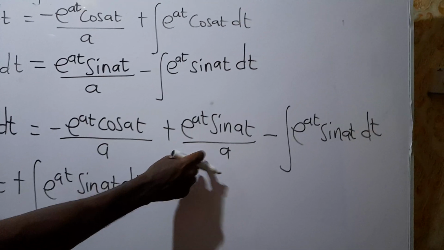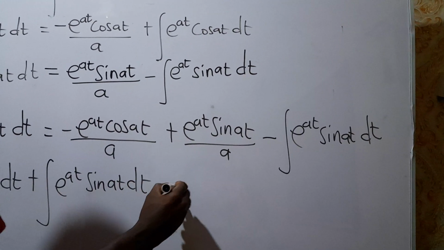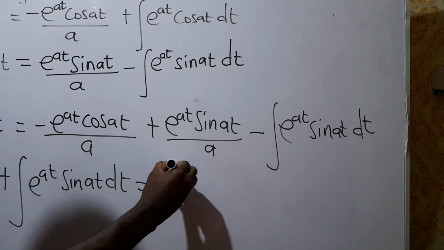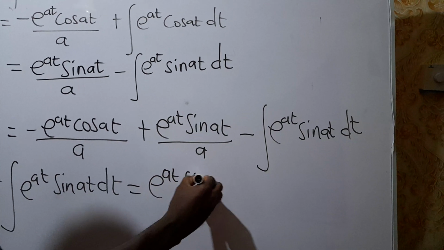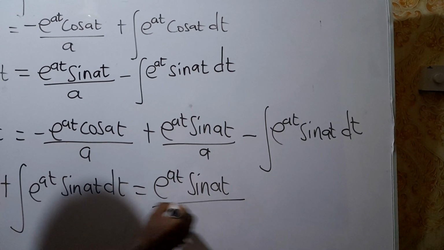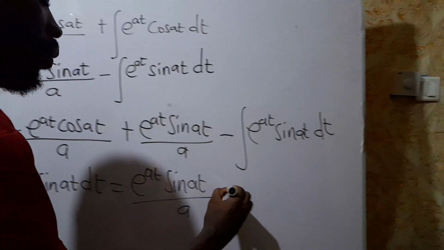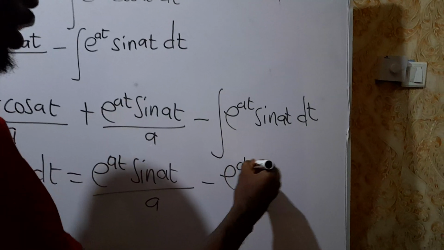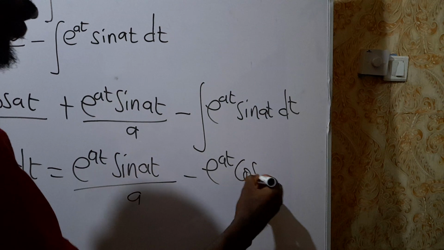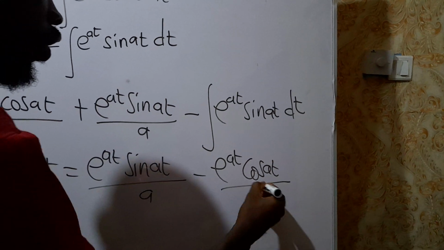Then I want to write this one first, since this is negative, will be equal to e^(at) sin(at) over a minus e^(at) cos(at) over a.